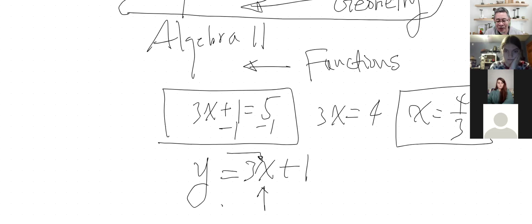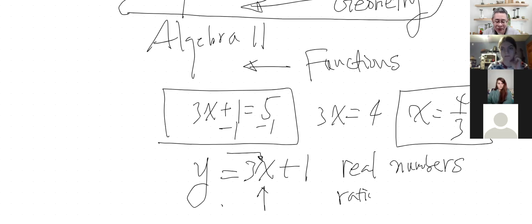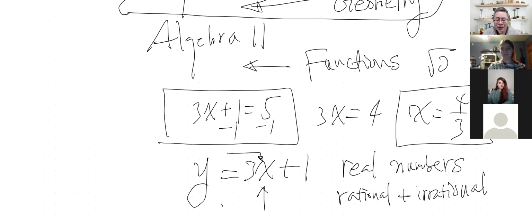The real numbers include both rational numbers, which are basically integers plus fractions, and irrational numbers. Irrational numbers are, for example, square root of 2, pi, or square root of 7.